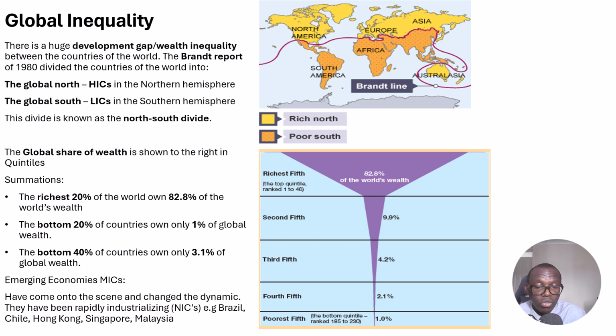Examples of those newly industrialized countries include Brazil, Chile, Hong Kong, Singapore, and Malaysia. So those are now countries that have changed the way we look at global wealth distribution. Although having said that, there's still a lot of global inequality.